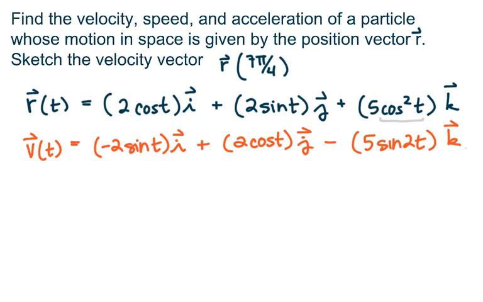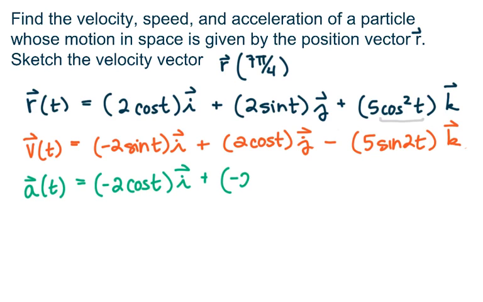So that is my velocity vector. Let me find my acceleration vector. I'm going to take the derivative of each of these parametric components. The derivative of sine is cosine, so I've got negative 2 cosine t i. Derivative of cosine is negative sine, so I have minus 2 sine t j.